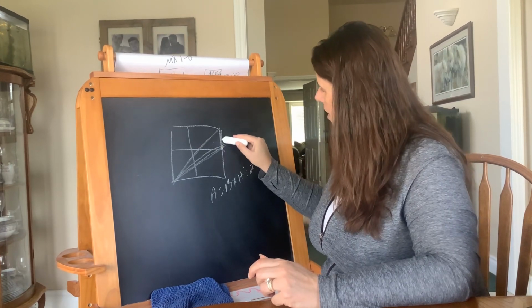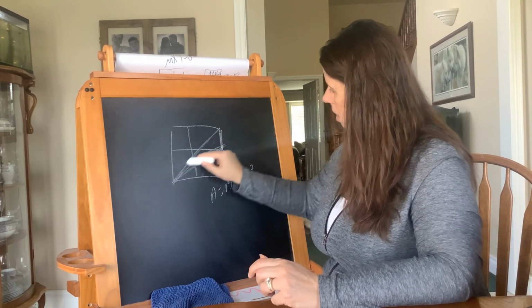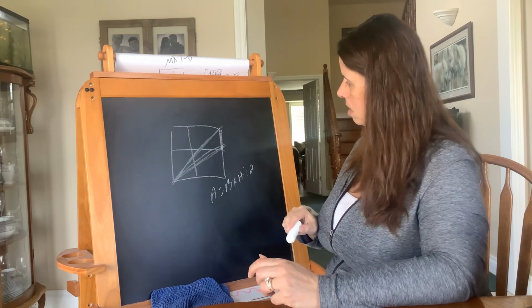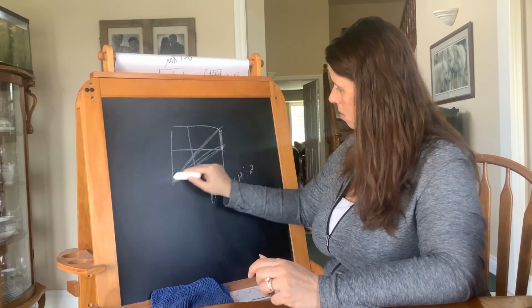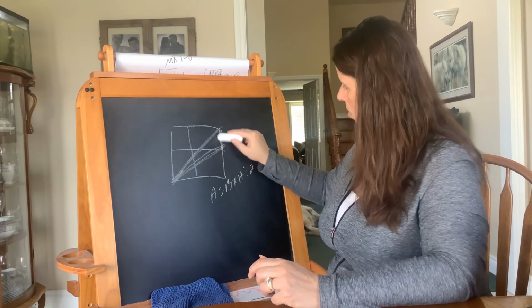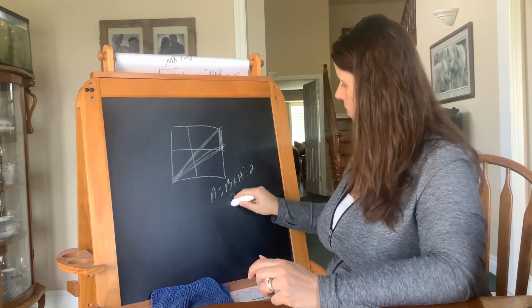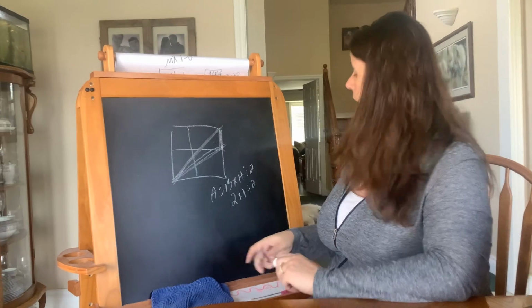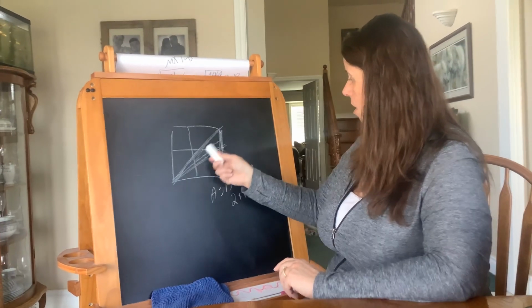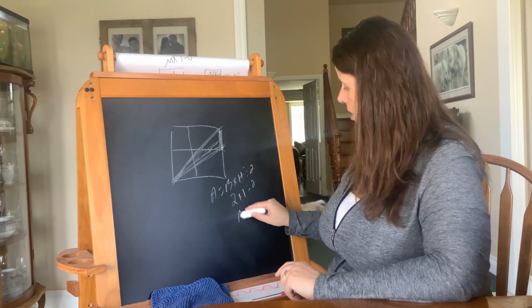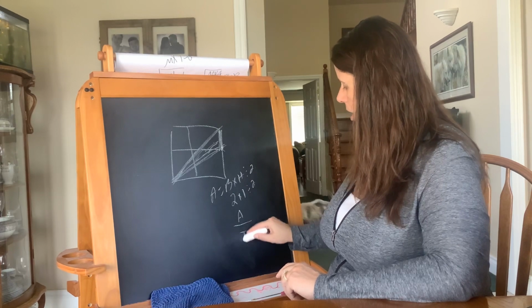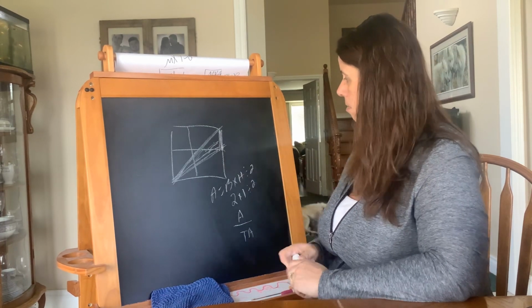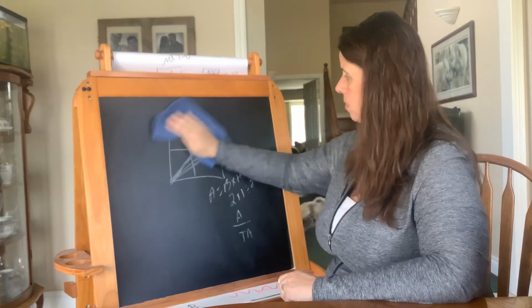How long is the height of the triangle? How many boxes does it go across? 1, 2. So the height is 2, the base is 1, right? 2 times 1 divided by 2. Okay? Then, that's how much area this takes up. We put that on the top and the total area on the bottom, okay, to get a fraction.